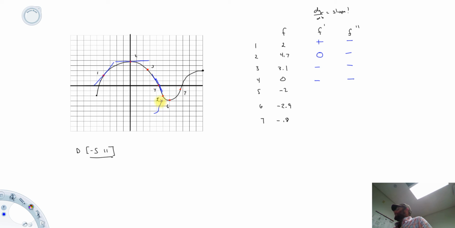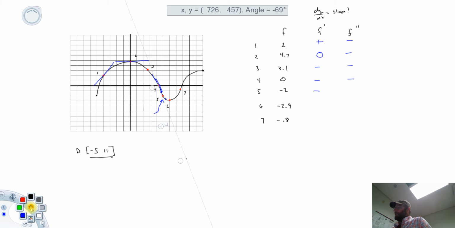Point 5, okay. Tangent line still has a negative slope, so our first derivative is negative, but this one here is where we're going to see a difference now. If you inspect the tangent line here and here, you will notice that, and let me use my straight edge. And I'm going to do this in a different color here. Let's do green.